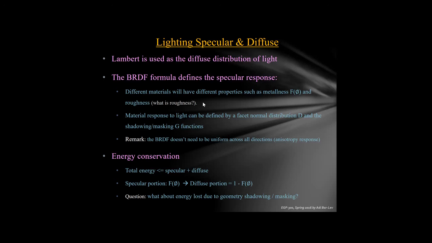But that assumption is not correct for roughly 5 to 10% of the materials in nature. And so we will not touch it, but we'll just say that in the future we can say, okay, I know that this is an isotropic material response, meaning that it does not correlate any direction the same way. And it should be pretty easy to just tweak these distribution functions and say, okay, different directions will affect that distribution function a bit differently.